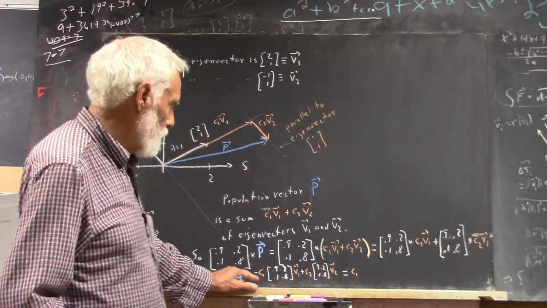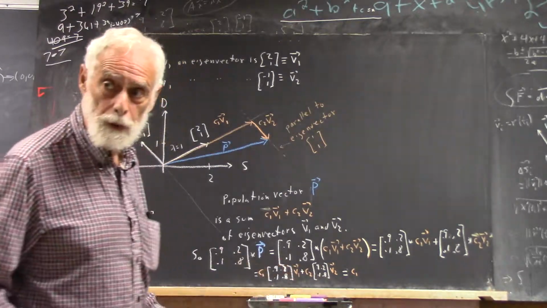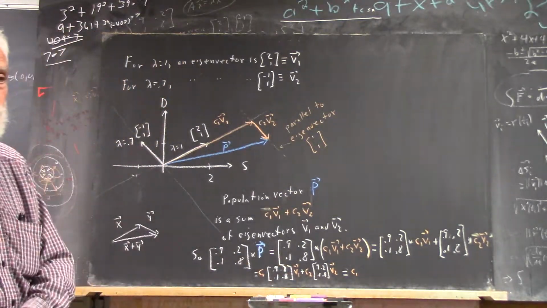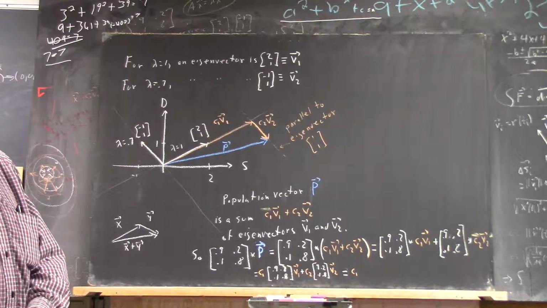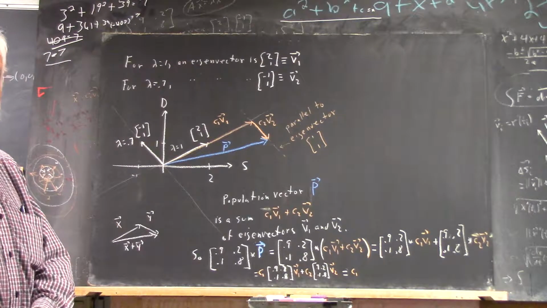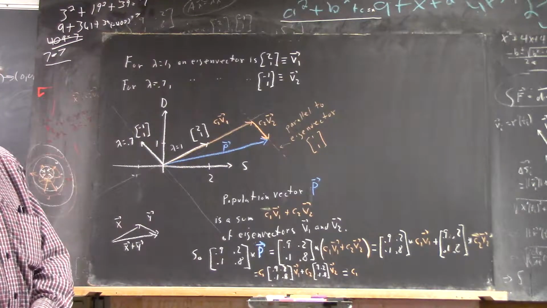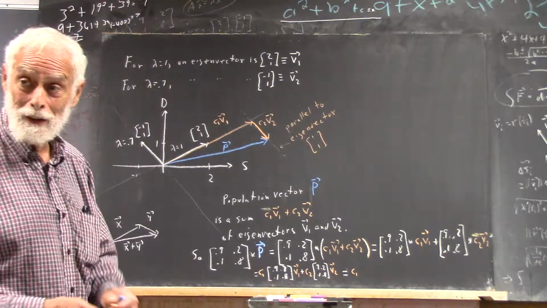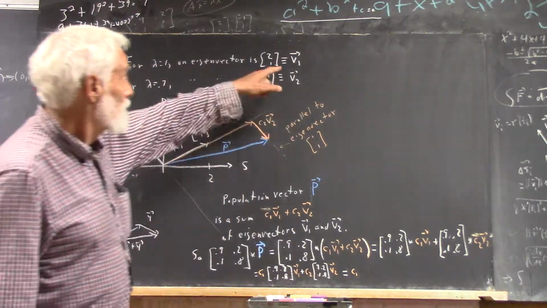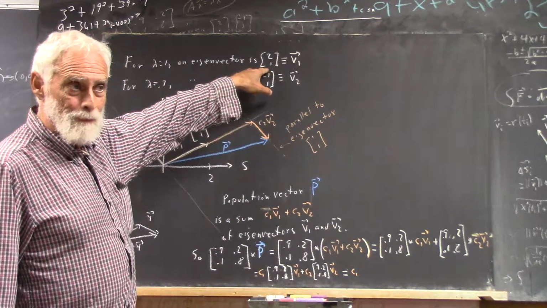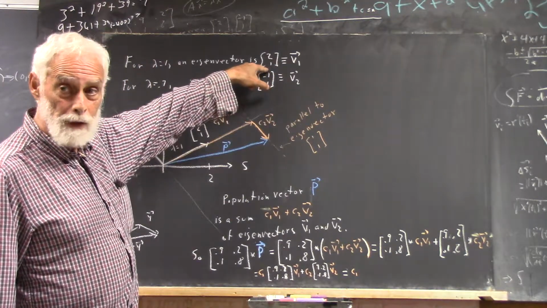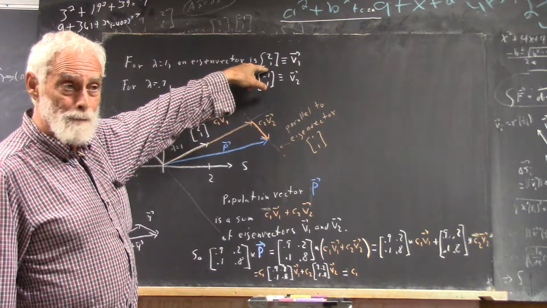C1 times what? What do you get if you multiply the matrix by V1? Well, there's a lot of stuff here, and you've got working memory issues when it goes by fast. Not as bad as mine, but everybody has them. But what's V1? It's this. And what do you get if you multiply the matrix by this? You get this.